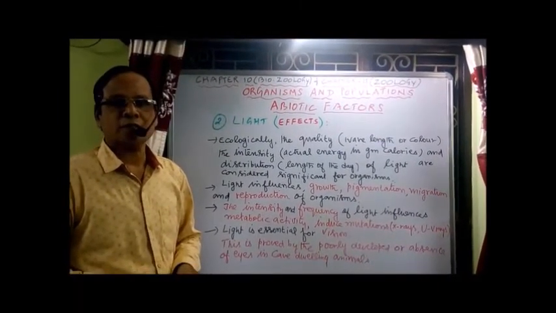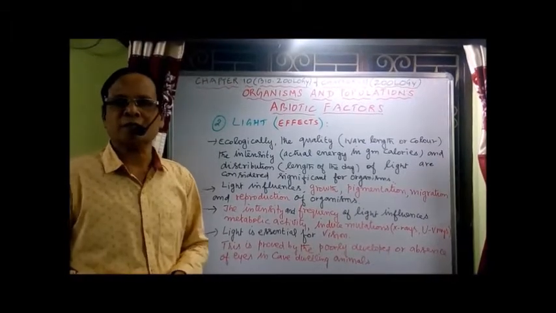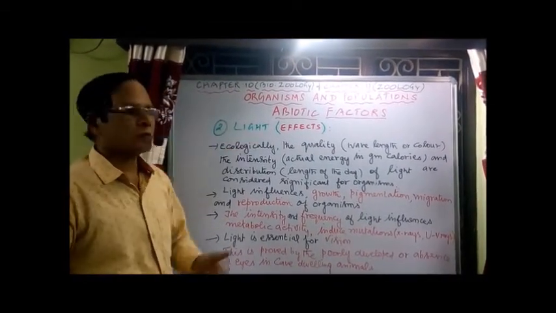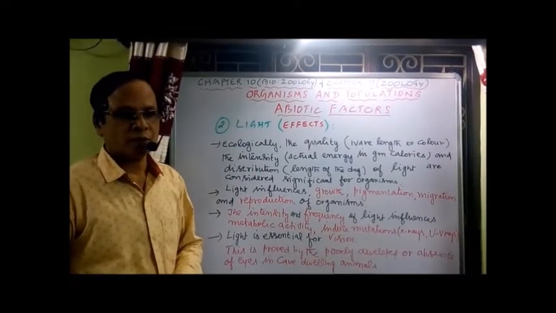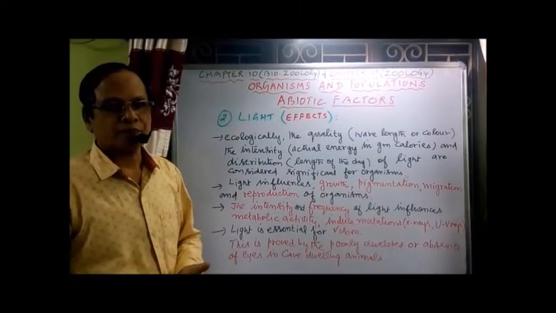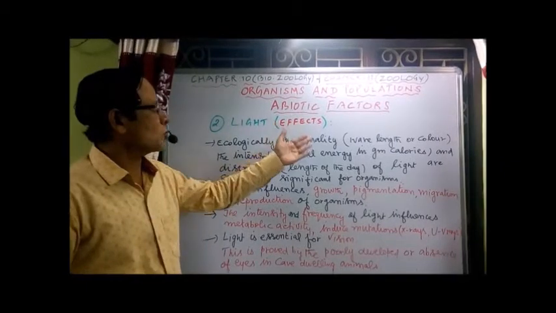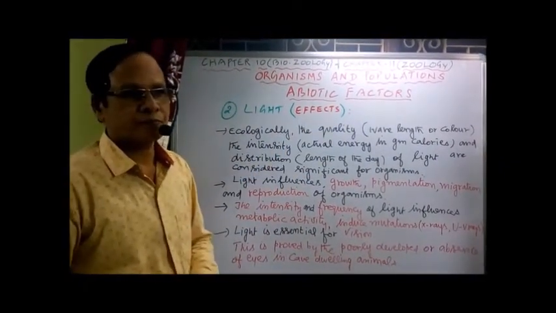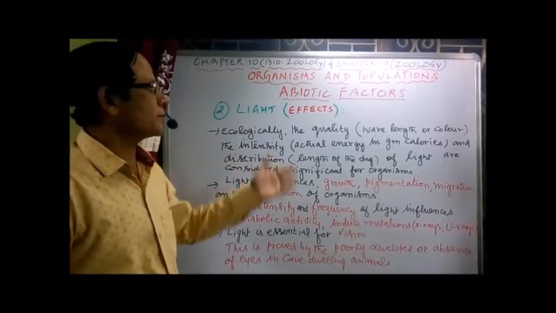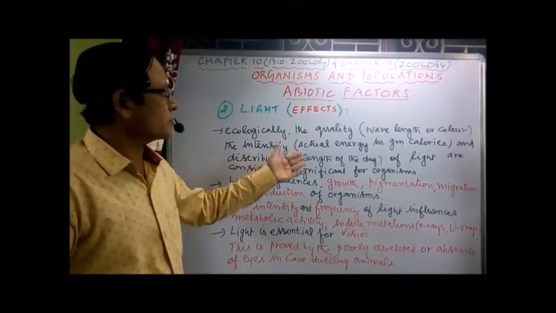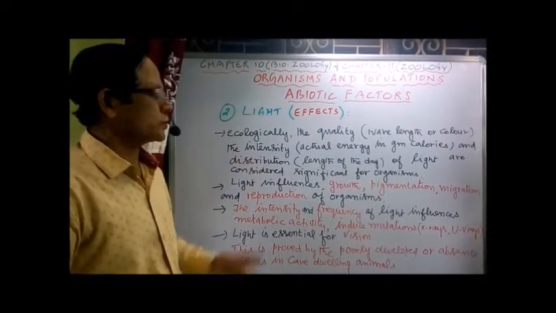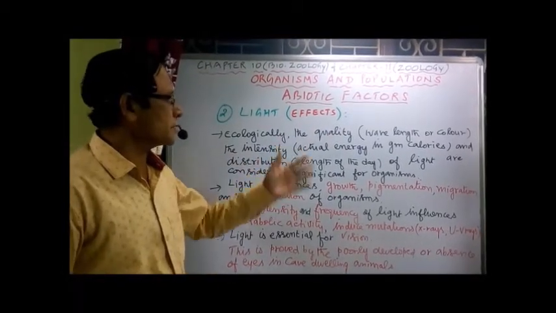So light is an important and essential abiotic factor. Now what are the effects of light on living organisms? Ecologically speaking, number one, the quality of light, referring to the wavelength or color. Number two, the intensity of light, that is actual energy in gram calories. And number three, distribution, that is nothing but the length of the day.